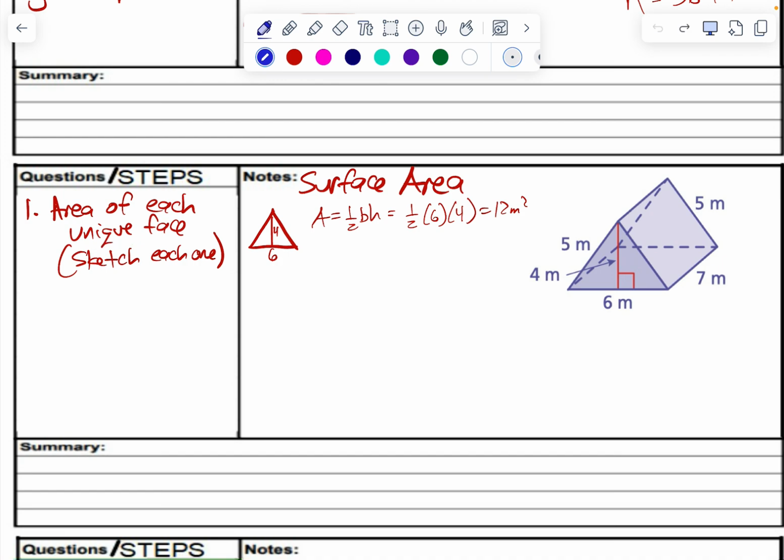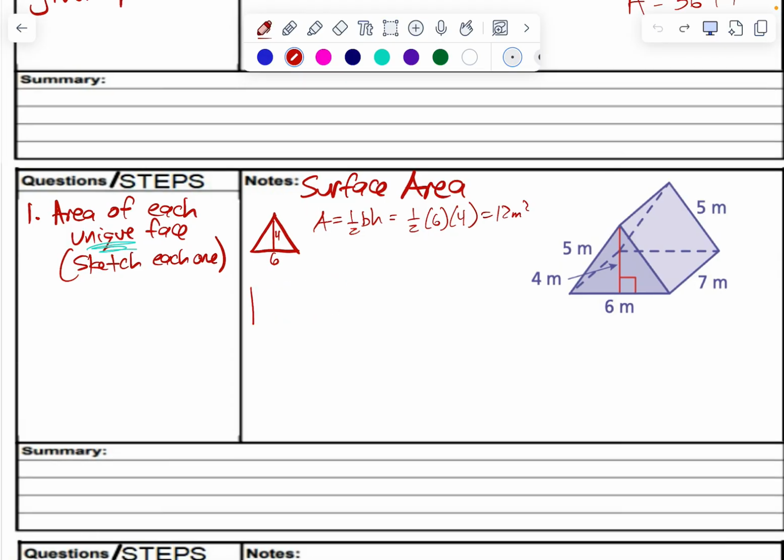What other shape? Yeah, I see a rectangular shape. You can decide how you want to orient it, up or down or left or right. So that's 7 by 5. The area of that is just length times width, which is 5 times 7, or 35 meters squared.